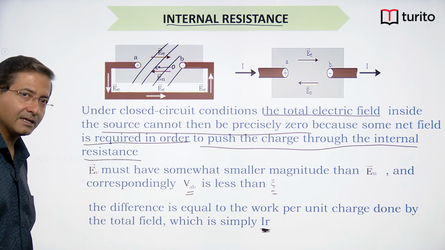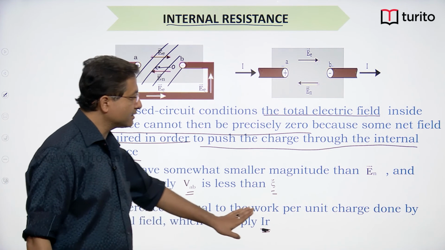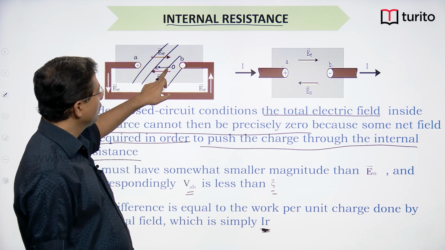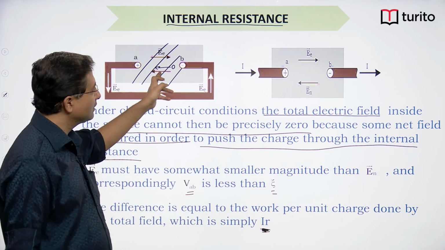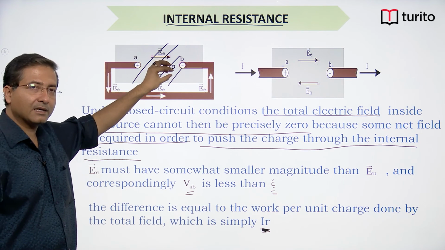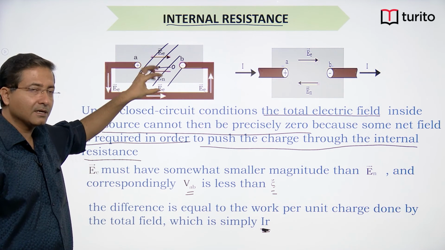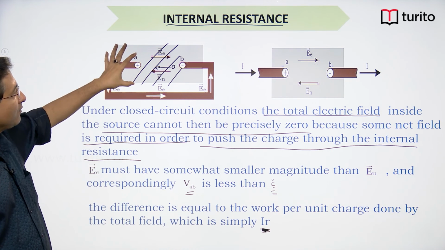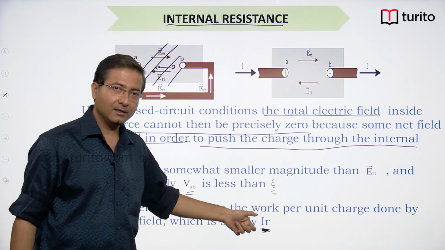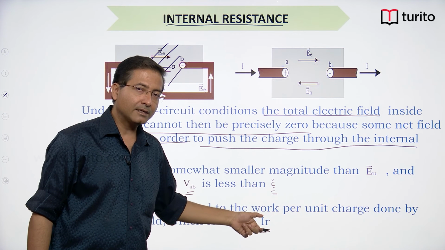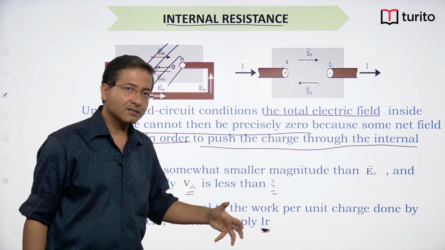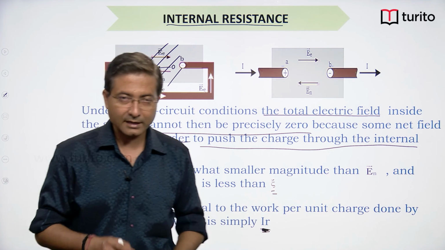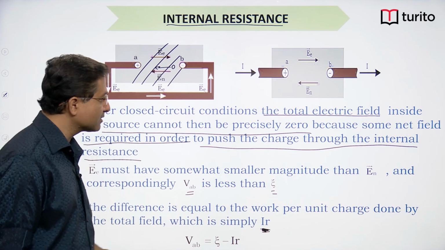If we have an ideal cell, there is no internal resistance, then the work done to move ions from one electrode to another electrode per unit charge will be equal to the potential difference. But if our electrolyte is non-ideal, it will have some internal resistance, and the difference will be equal to I into R, current into internal resistance.